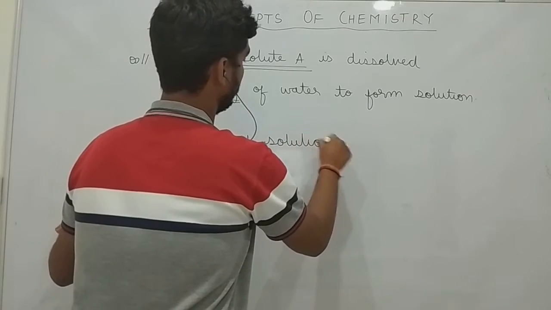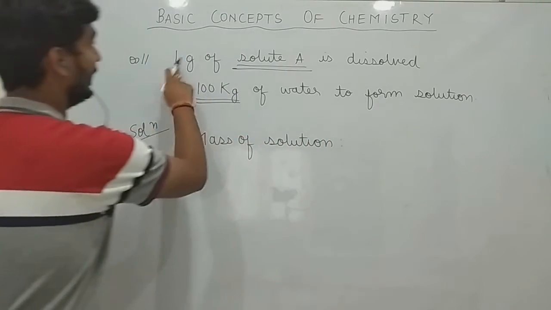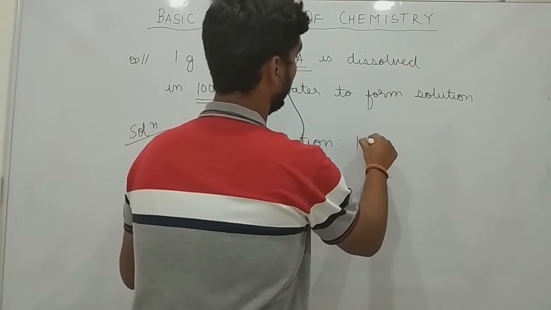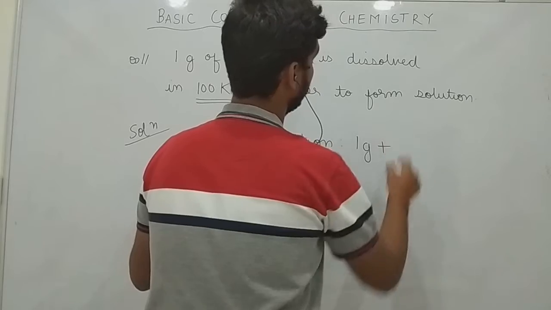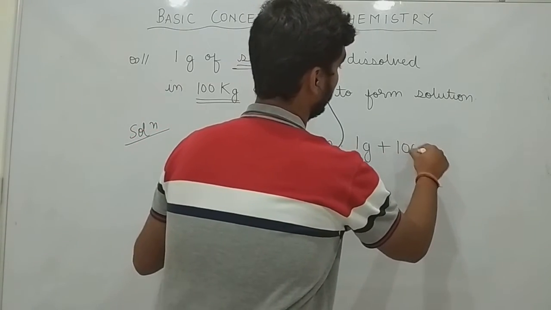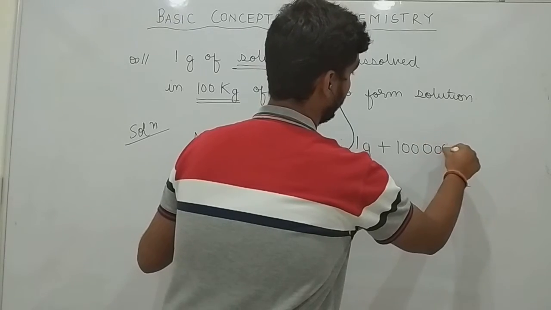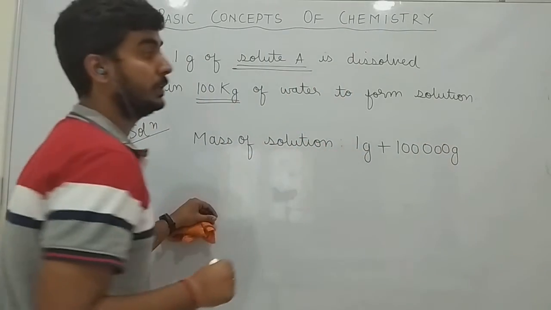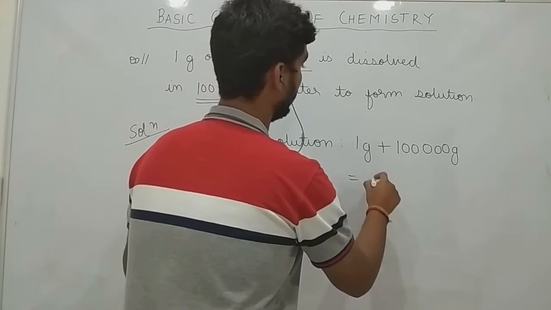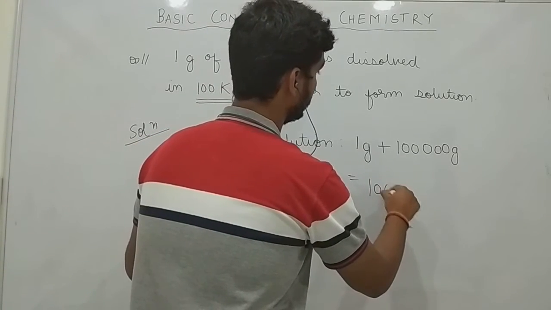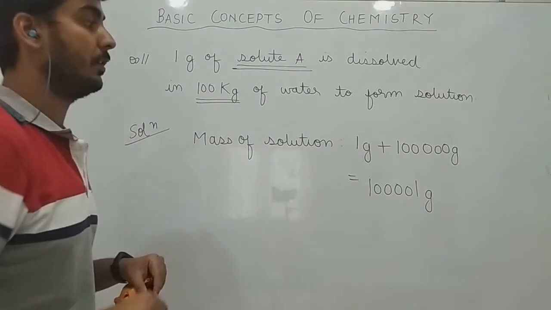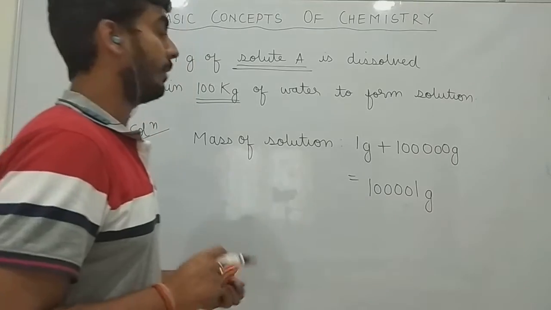Solution contains what? 1 gram of A and 100 kg of water. So mass of solution will be 1 gram plus 100 kg. You have to convert it into gram to add to 1 gram. So it will be 100 into 1000, that will be 5 zeros after 1. So it will come out to be roughly 100,001 gram. Okay. So this is the mass of solution.